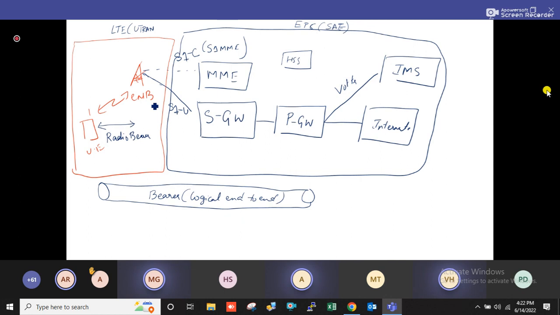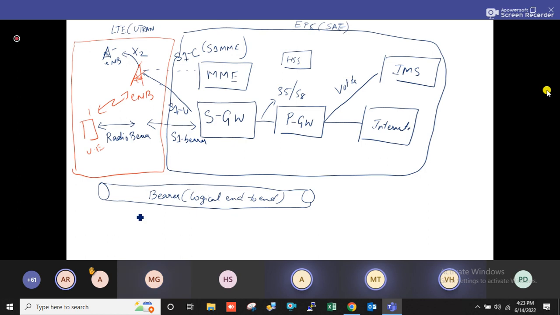This particular bearer, what we can see here, between E node B and MME and S gateway, put together, it is called S1 bearer. Okay, S1 bearer. And here, this interface name, as you remember, is called S5 or S8 bearer. Okay, and there was one more important interface here. If you remember, E node B to E node B interface is called as X2 interface. So please remember all these interfaces are very important.